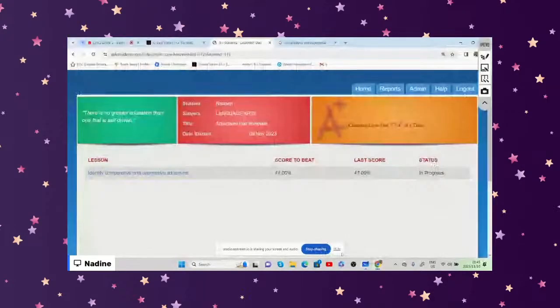All right, so grade two is our lesson on adjectives that compare. And remember, we said that with adjectives that compare, we have comparative adjectives and we have superlative adjectives. Comparative adjectives are when you compare two people, places, animals, or things.